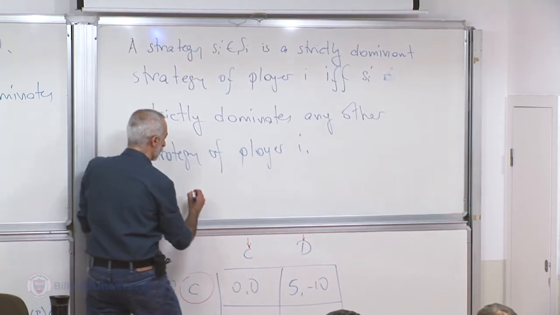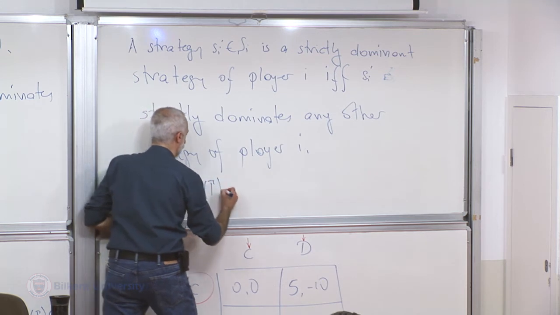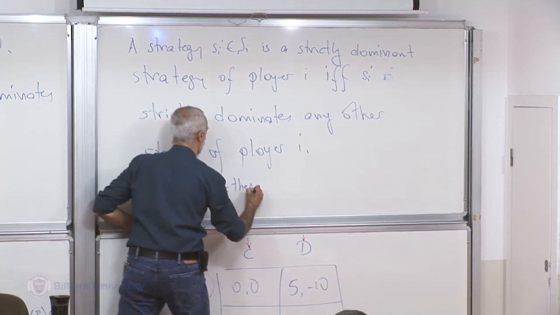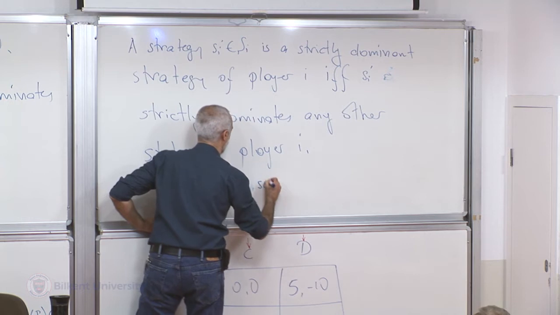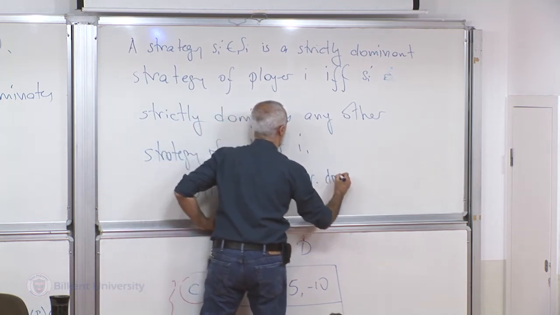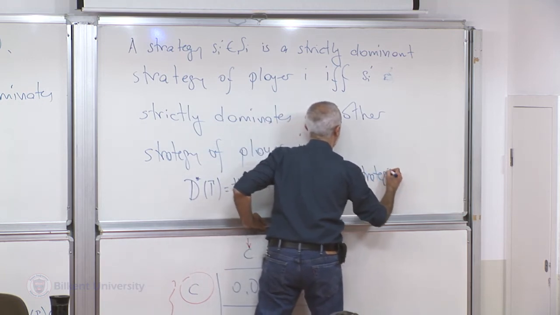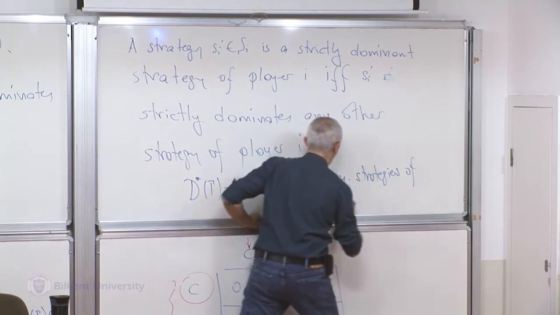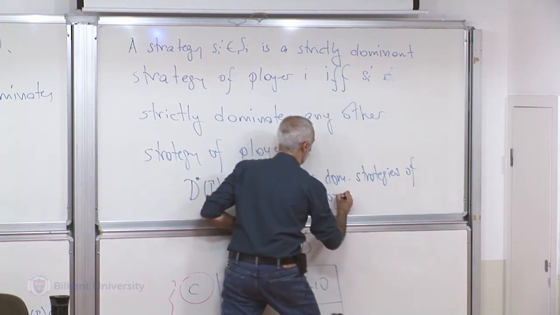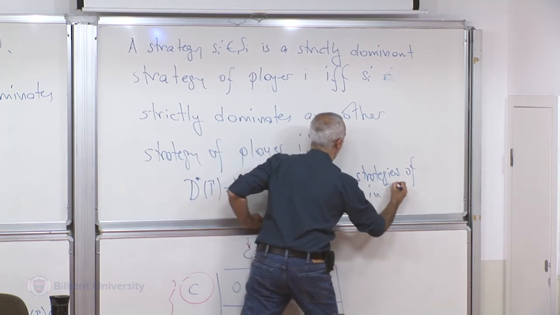So we will use Di star of gamma to denote the set of strictly dominant strategies of player i in the game gamma.